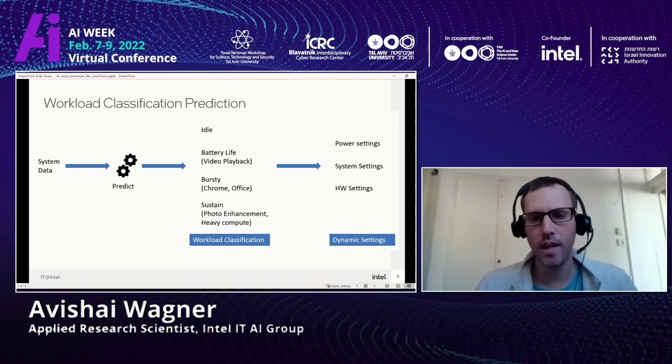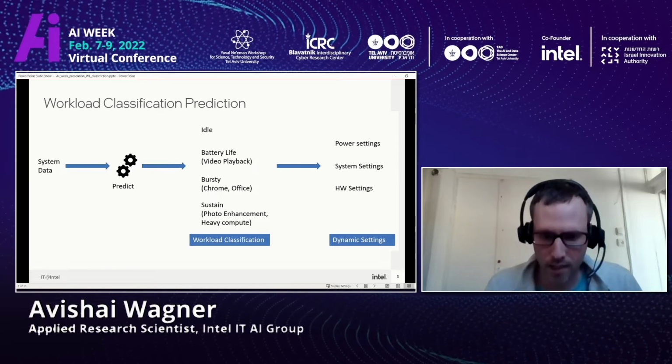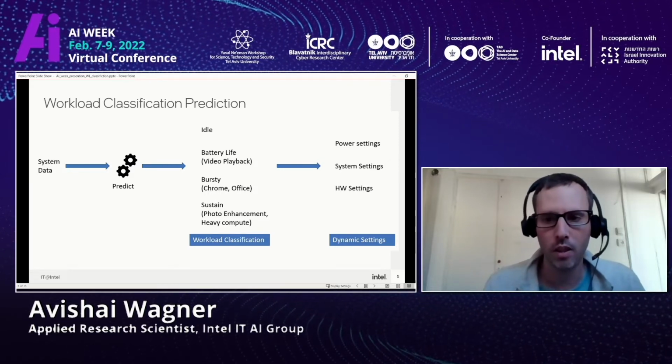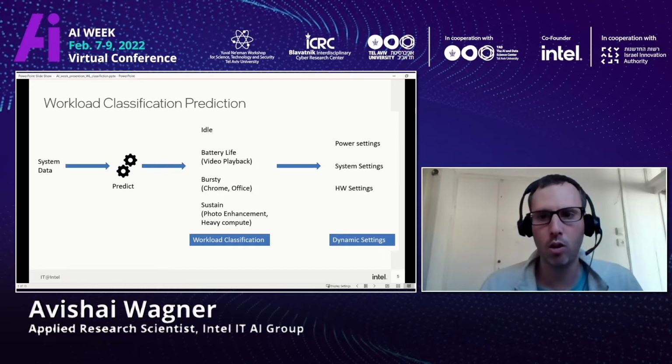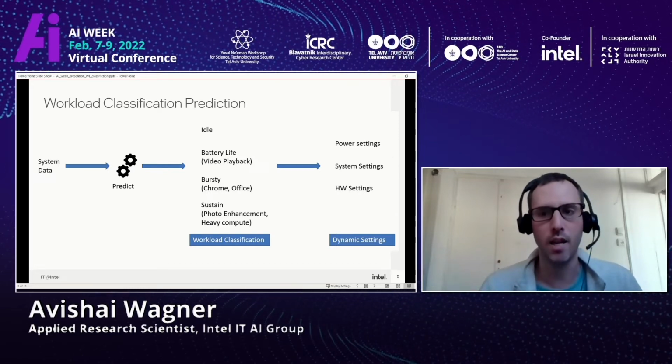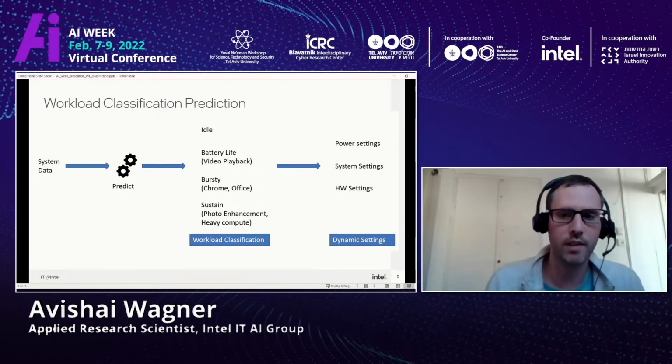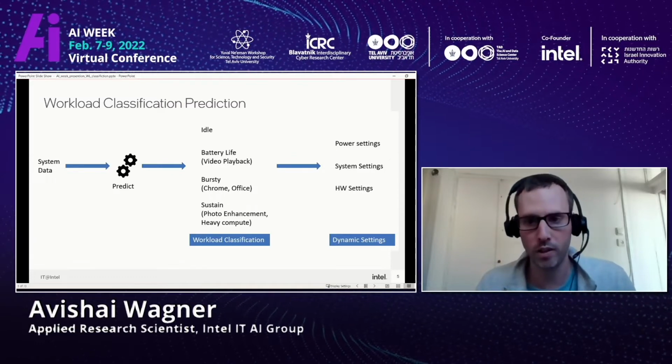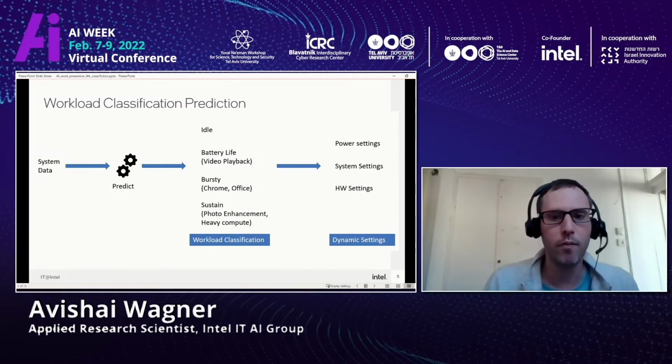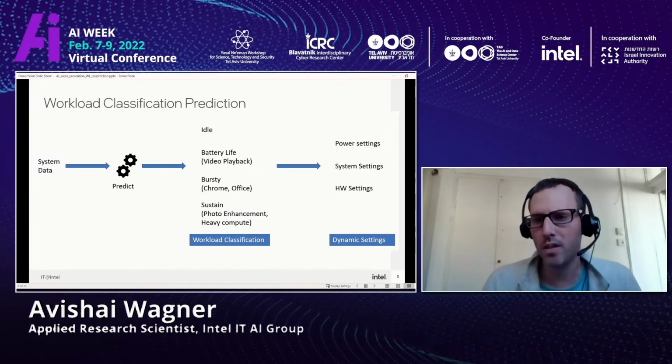After our classifier predicts one of these workloads, some parameters in your computer are dynamically adjusted. It can be a power setting, system setting, or hardware setting. For example, if we are in sustain mode, performance is more important.